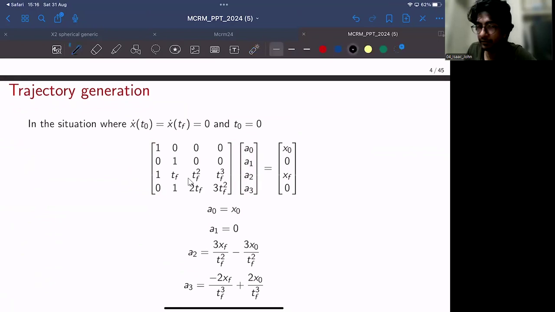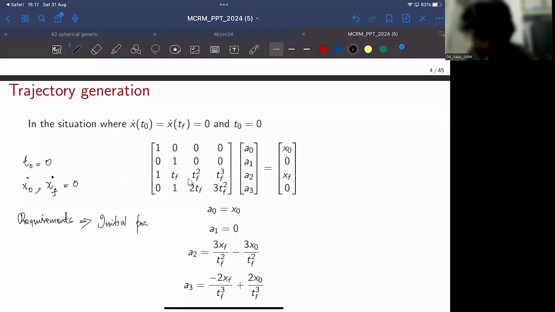In the examples that we are mostly following, we consider the initial time t0 to be 0 and initial velocity x0 dot and the final velocity xf dot to be 0. So in most of the cases, our requirements would be posed like this. We start from an initial position, I'll call this x0.